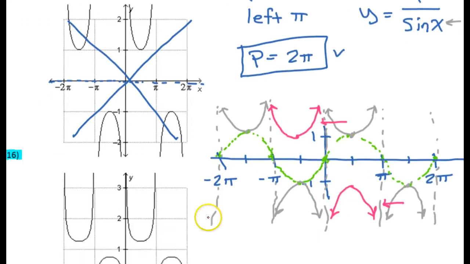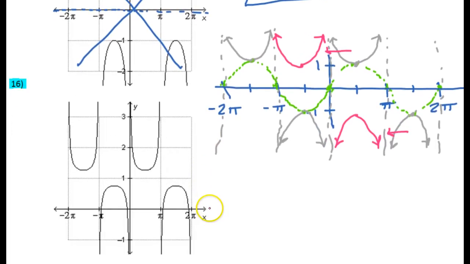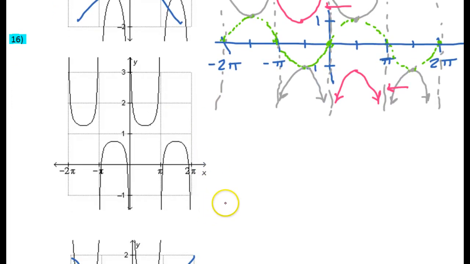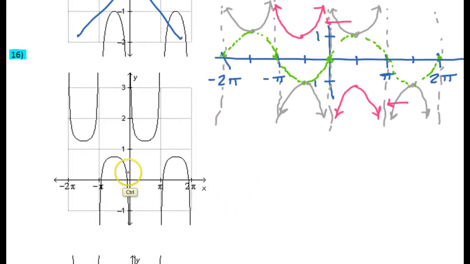So let's see if we can use that to narrow down to the final answer. On this graph, is this going to be the correct graph? No. We're expecting to see an upward facing loop to the left of the y-axis and a downward facing loop to the right.